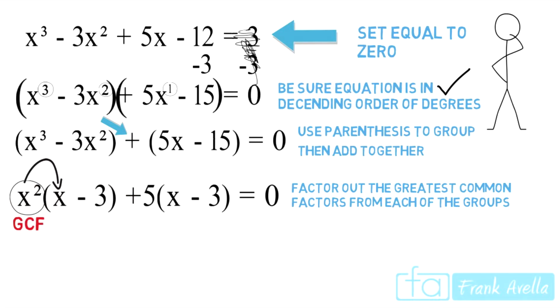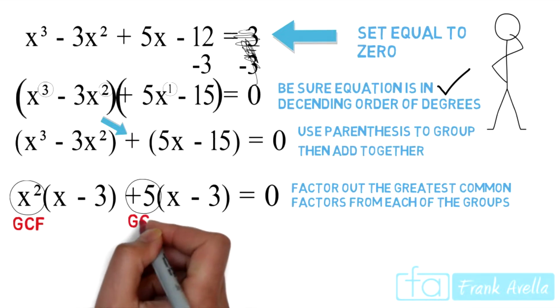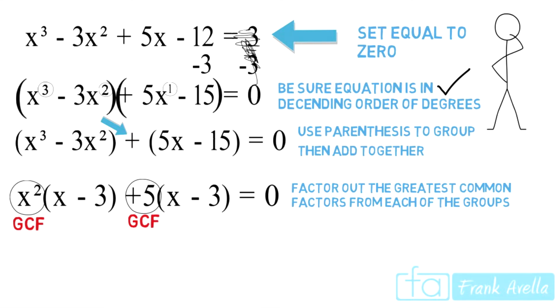And if you take x squared and multiply it by x, you get x to the third. And if you take x squared and multiply it by -3, you get -3x squared. You also have a plus 5 as your other greatest common factor.